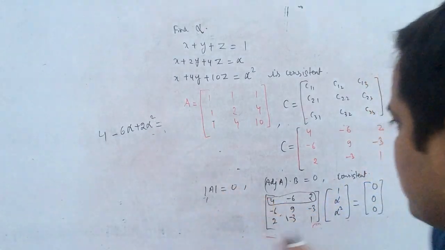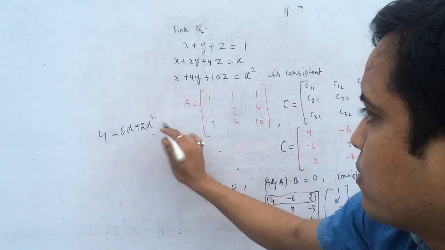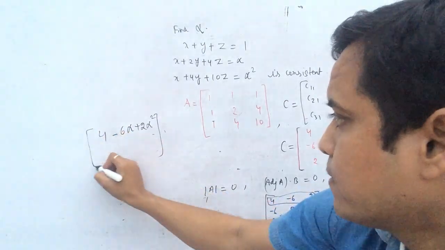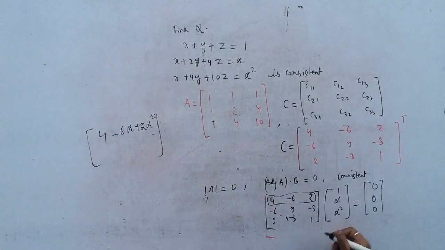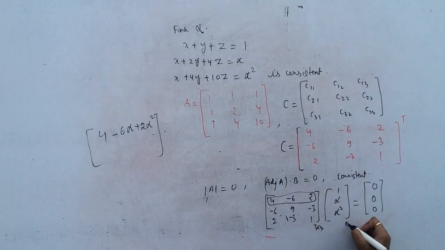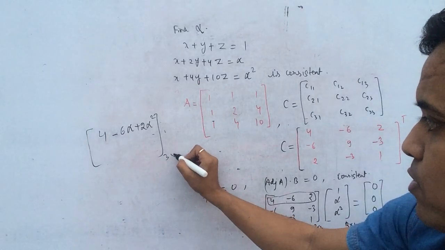It is not equal to, sorry, because you get the product in order 3 cross 1. A 3 cross 1 matrix has 3 rows and 1 column.